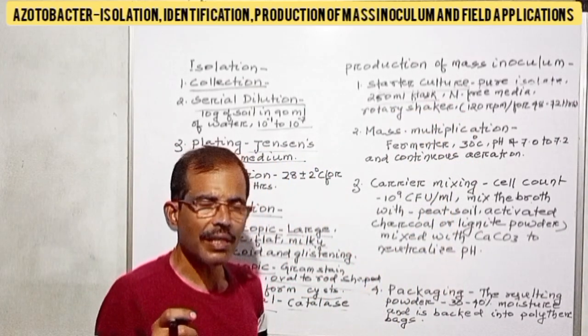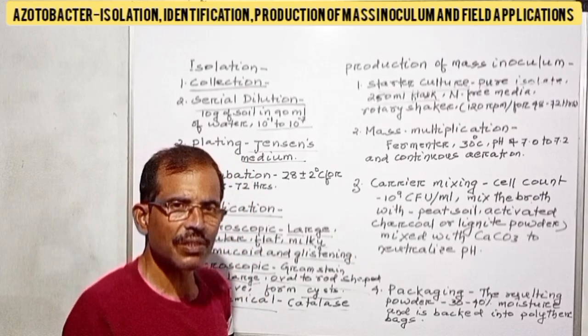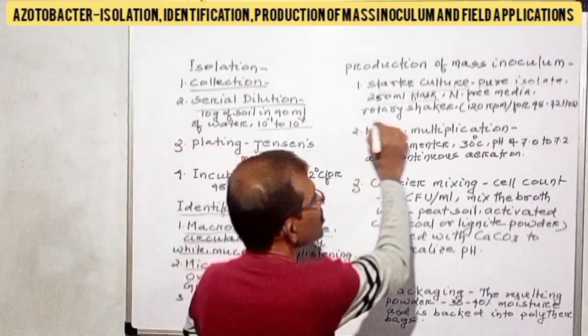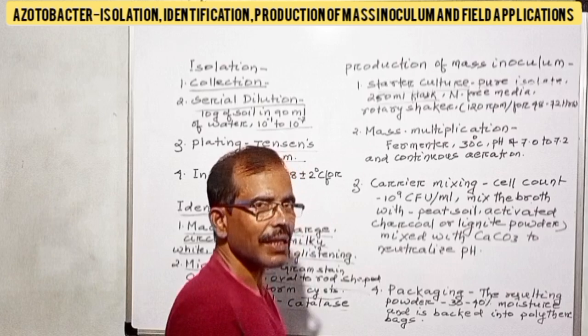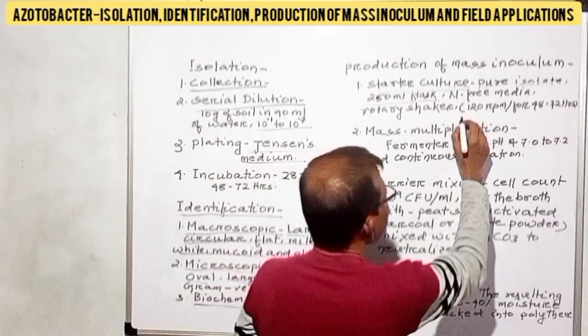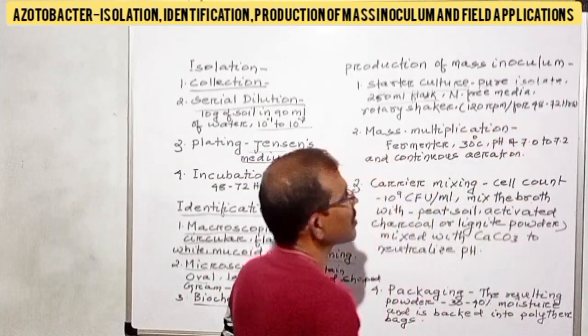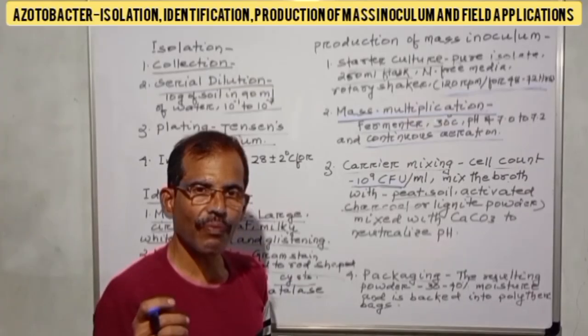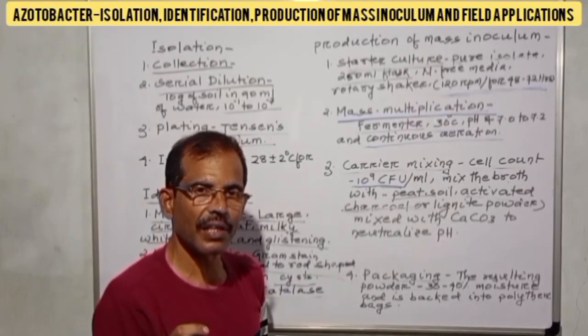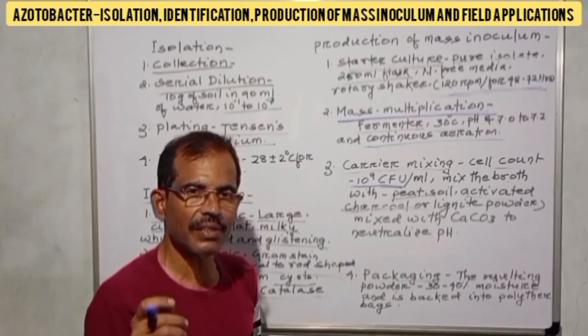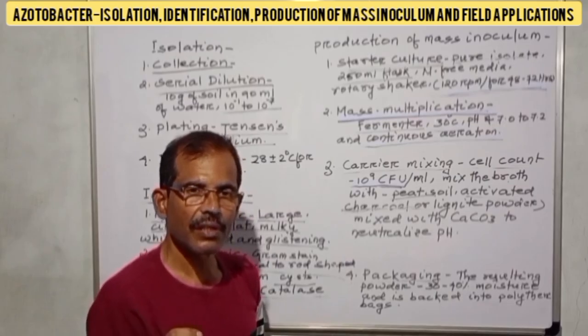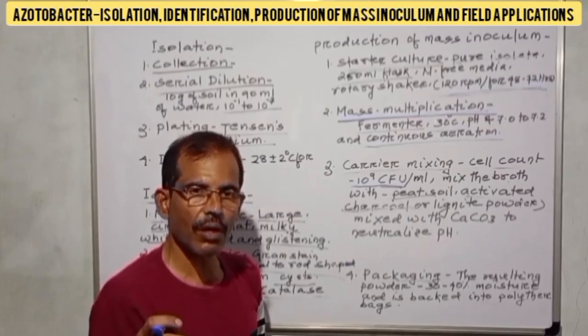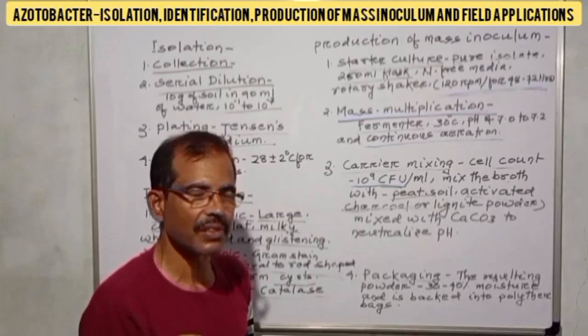The content is thoroughly mixed by placing the flask on a rotary shaker at a speed of 120 revolutions per minute for 48 to 72 hours. Placing the flask on the shaker and operating it at the selected speed results in the separation of azotobacter cells.